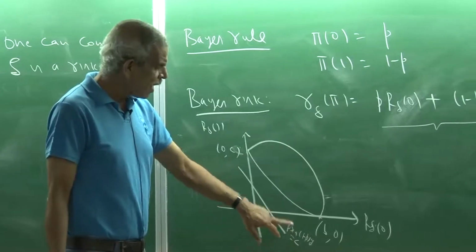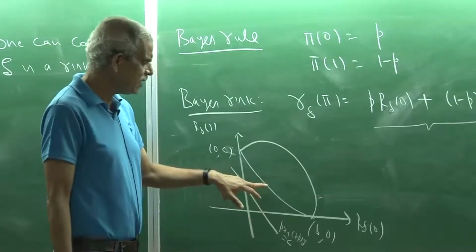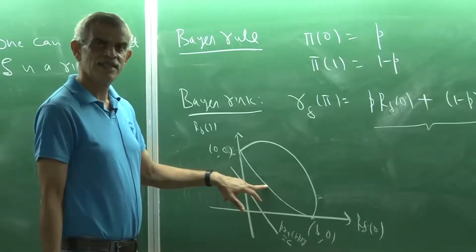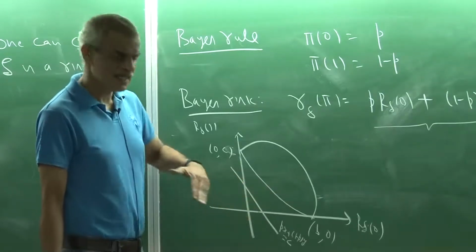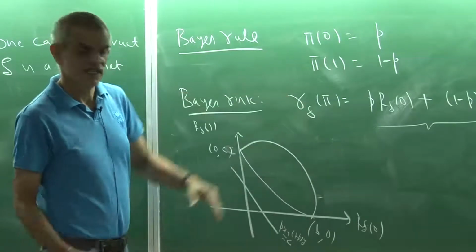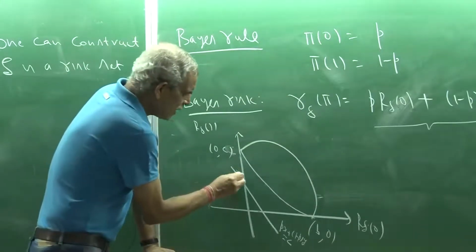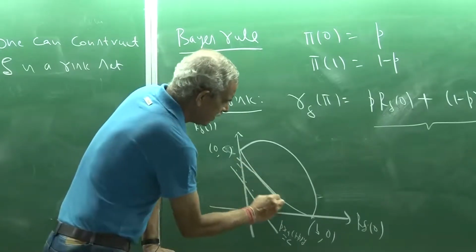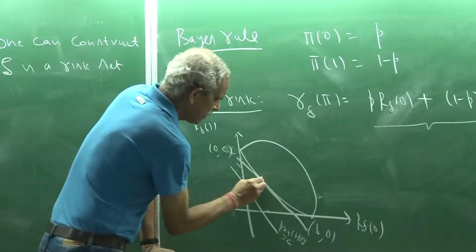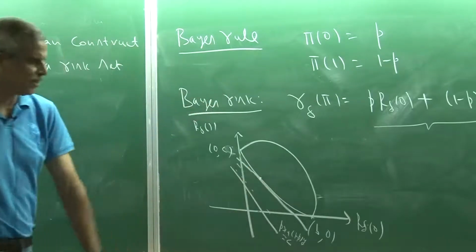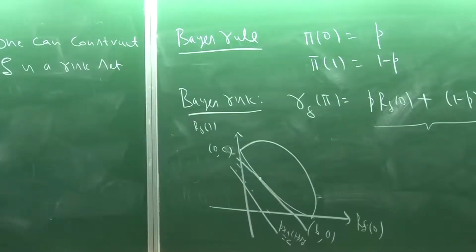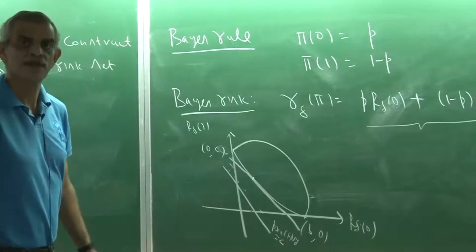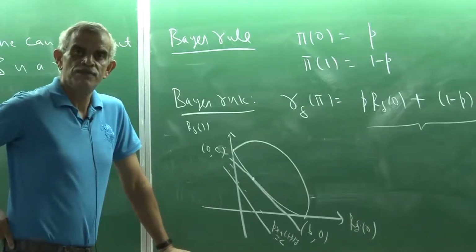So I'm trying to look at a point x and y over here, which touches this as I vary C. So I keep on varying C. There is a possibility that it might touch this at a point. Not a very nice figure, but it touches this at a point. So this would be a risk of a Bayes rule, right?